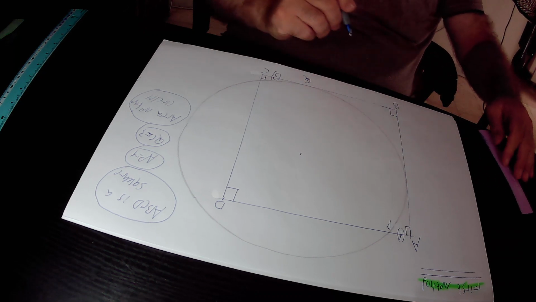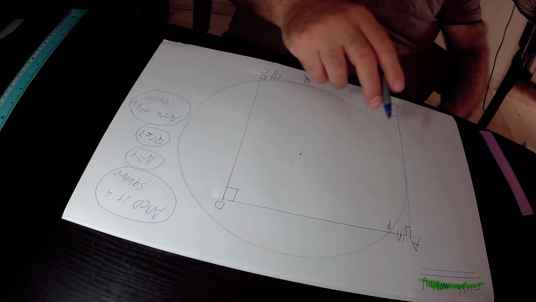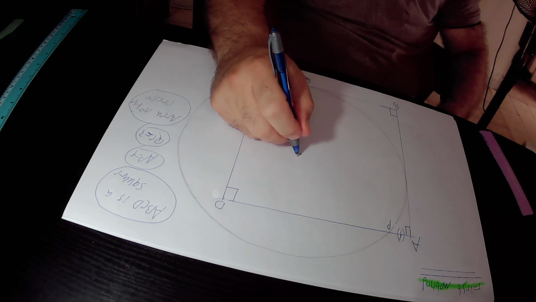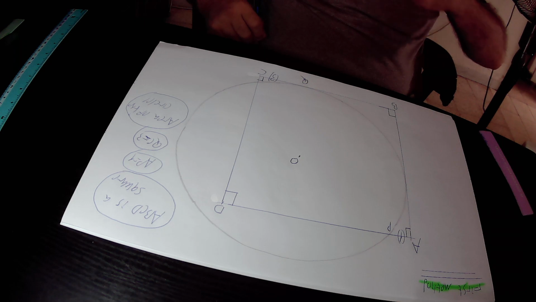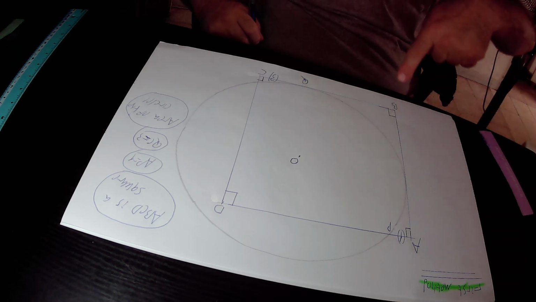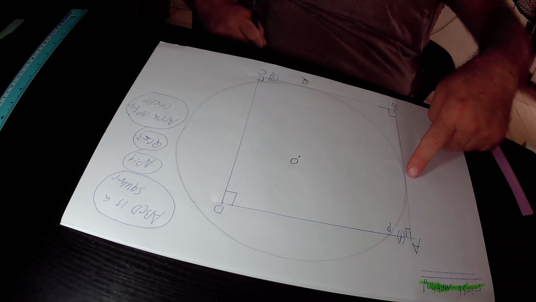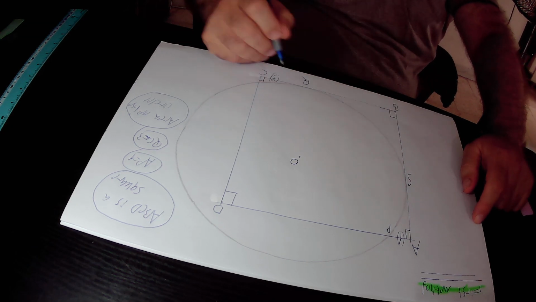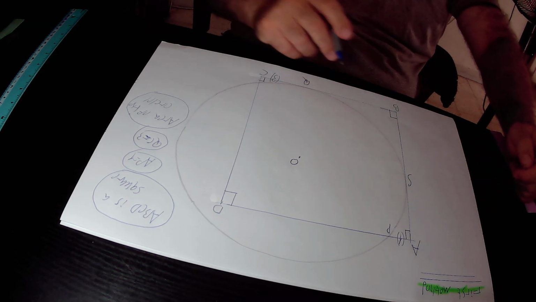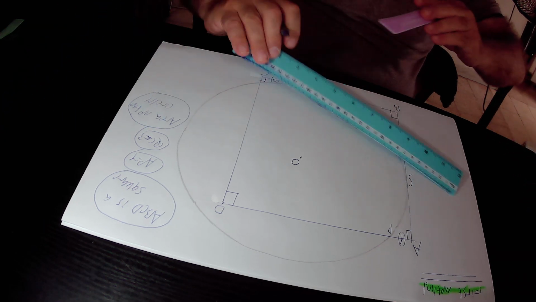In the next step, we'll define the center of this circle. This point is point O. And we define the point of tangency of tangent AB with this circle. This point is point S. In the next step, we'll join points O and S together by a straight line.